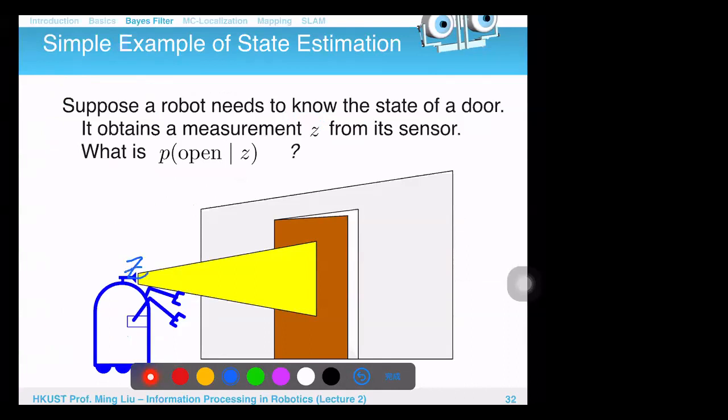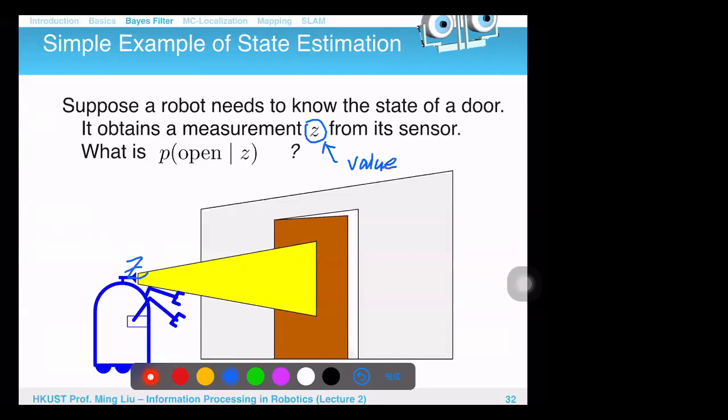We call this sensor Z, and it may give different readings as raw input. Sometimes you have a measurement, small z. I want to remind you that we use lowercase letters for the values of random variables. This is just a value of the random variable Z.